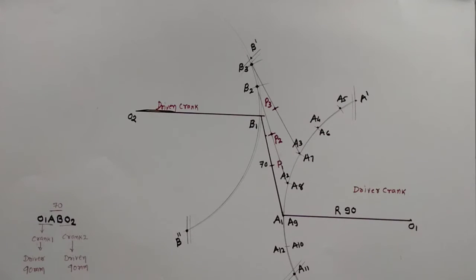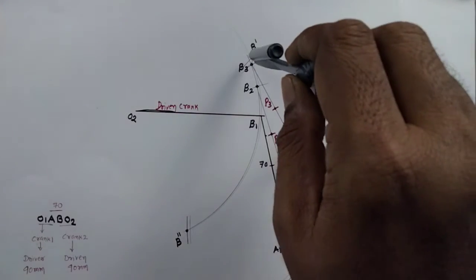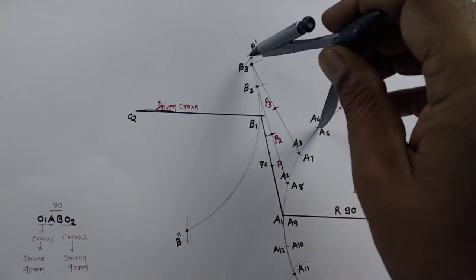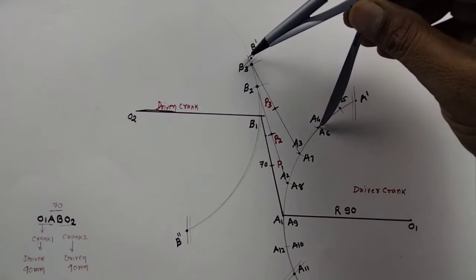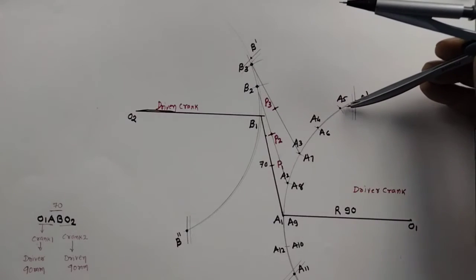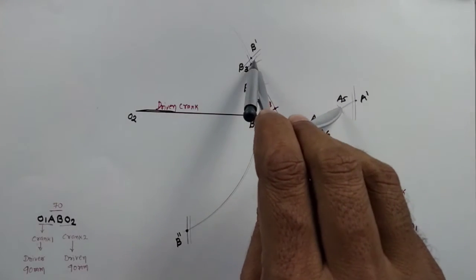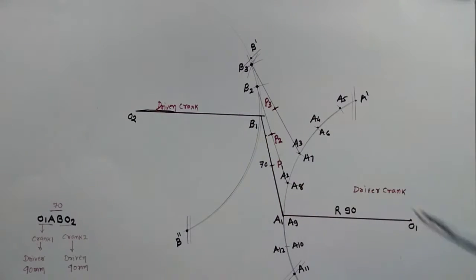Now same, center A4, I draw the arc. My arc is going outside of the extreme position, so I neglect the point. I choose the A5 center and I draw the arc in the upward direction. So it is exactly at B3.